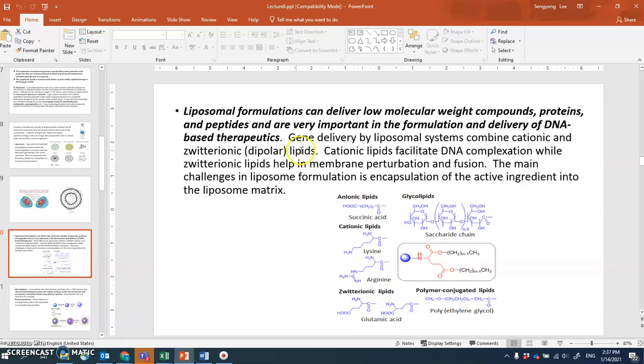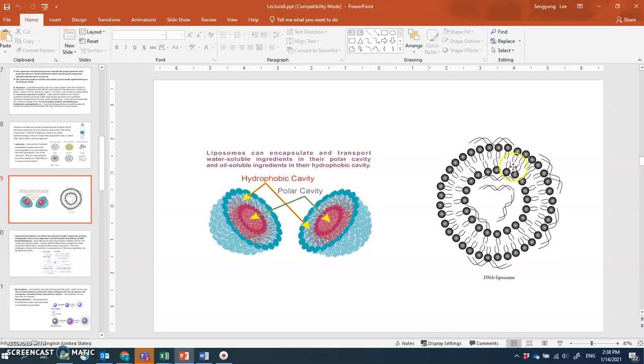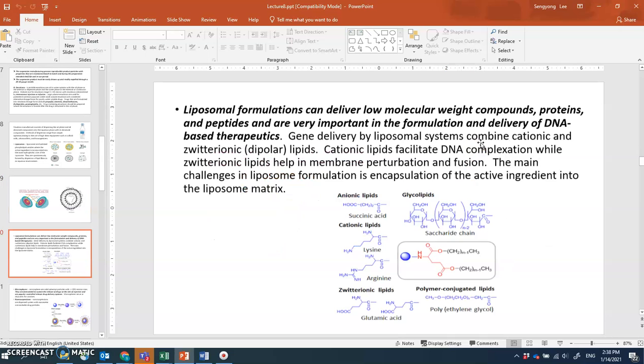So gene delivery by liposomal system combines cationic and zwitterionic lipids. What that means is, going back to the structure, these are cations, okay? So positively charged ion here, okay? So that's possible.